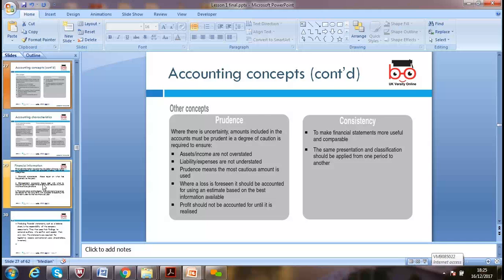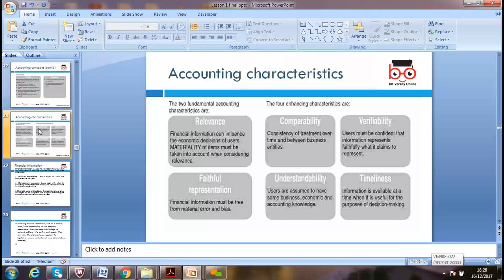Consistency: every year we need to compare. If we give one year's figure, we can't compare it with last year. That's why when we publish the accounts, we publish two years together, last year's figure and this year's figure, so people can see whether the business is really making money or not. Relevance: in accounts we need to look at which figure is relevant to which accounting period.